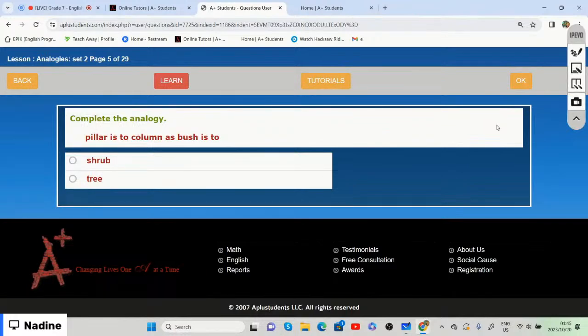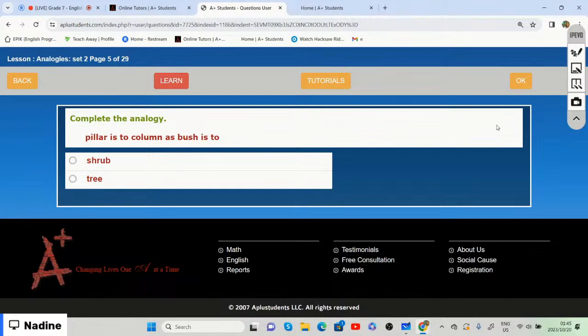Pillar, right, is one of the columns, right? And then we have bush. Bush is to shrub, or it's the same as, or you'll find it more with the trees.